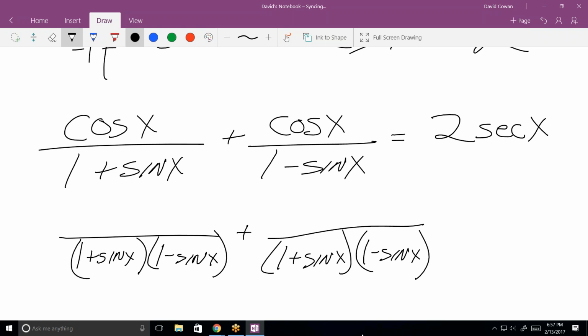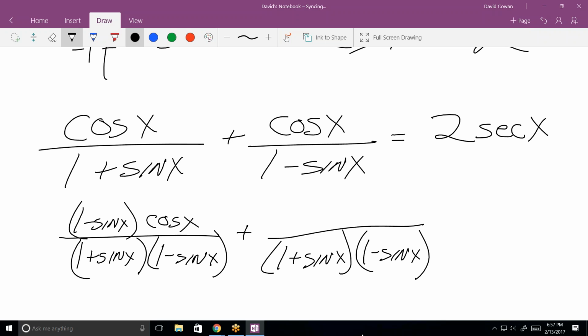What goes up here on the left? On the left, it would be 1 minus sine x times cosine of x. Yeah, and don't distribute that. Just leave it just like that.